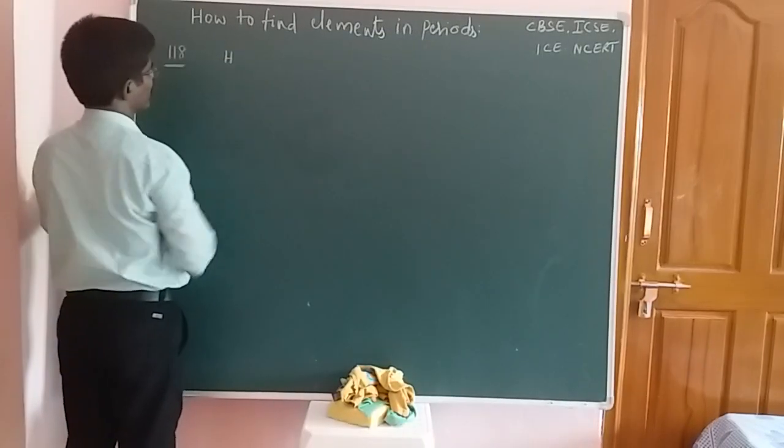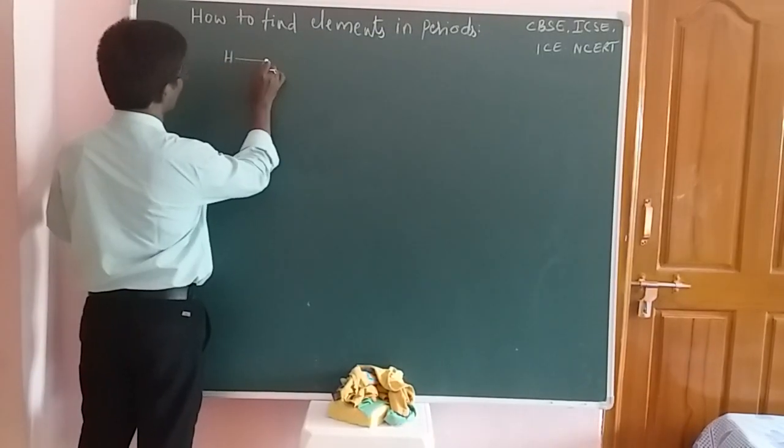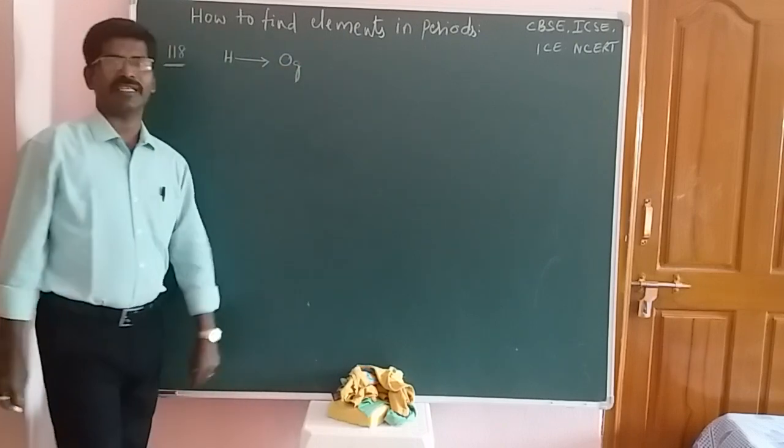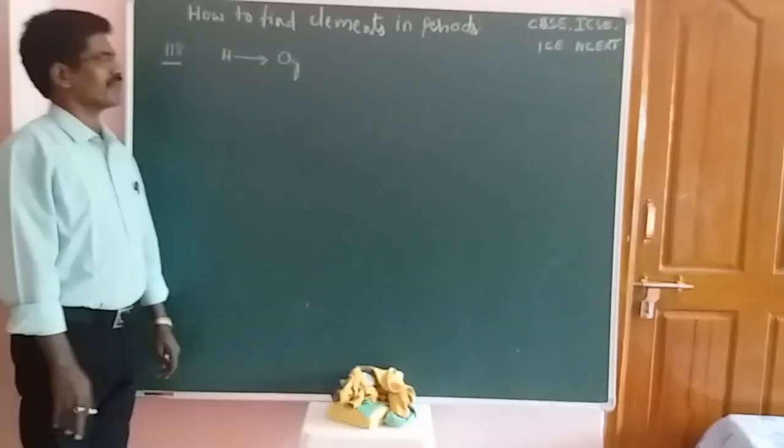Already we know 118 elements are present in the entire periodic table. The first element name is hydrogen, and the last element is oganesson.